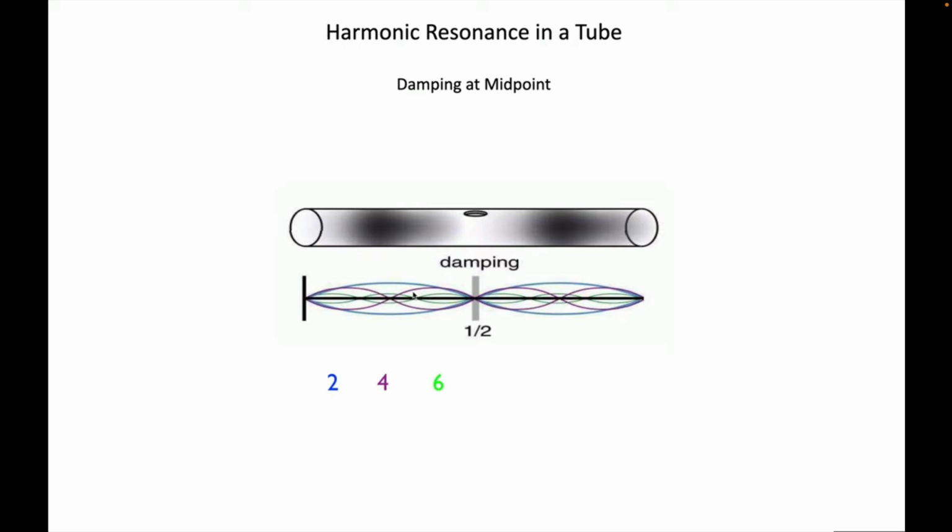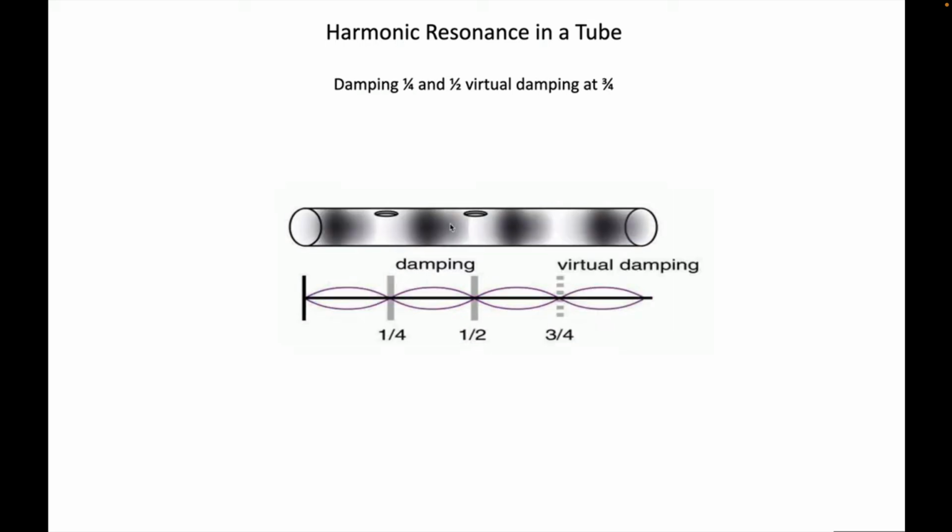The damping creates a mirror symmetry out of the patterns in the tube. Now, if you open a second hole, say a quarter distance along the flute, then this will damp selectively those oscillations that have a high amplitude right here, in this case the second and the sixth harmonic, which leaves only the fourth harmonic left that is consistent with this input.